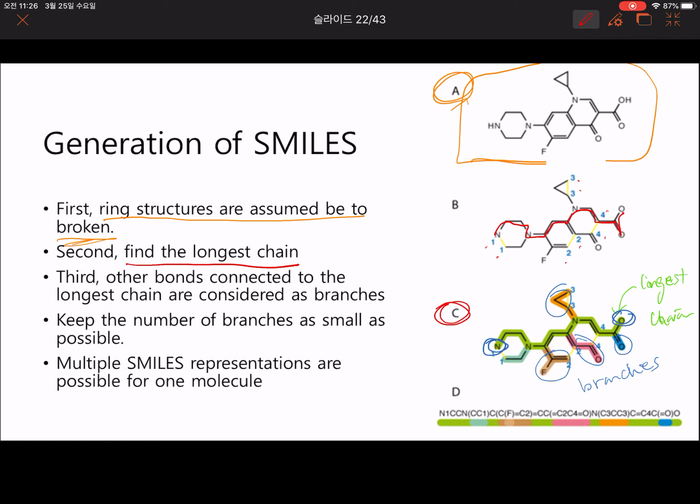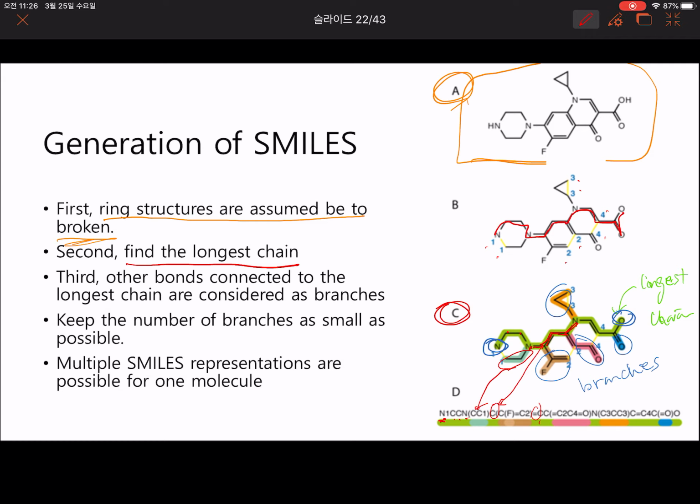Then how does it work? We start from N1, CC, CC, N, right? And it goes to C, okay? This C corresponds to here. But this group should be represented as a branch. And this one also goes, and C after that, double C is represented here.